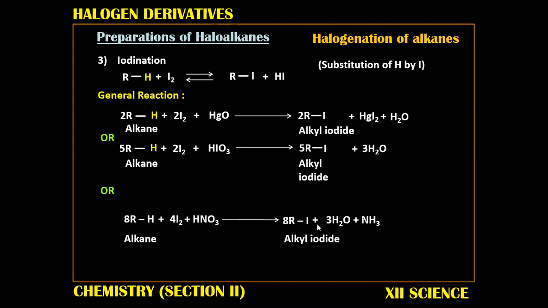As the HI is not formed, the reaction is not reversed. So in case of iodination, we write a note that iodination is a reversible reaction because it forms a strong acid HI. The reaction gets reversed. So to prevent backward reaction, we use either HgO, HIO3 or HNO3.